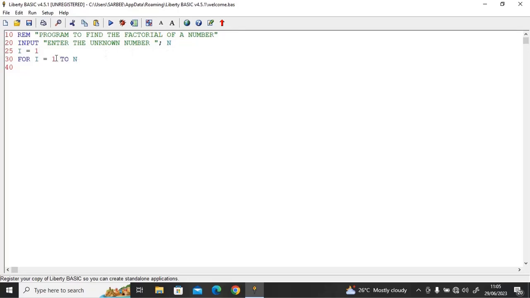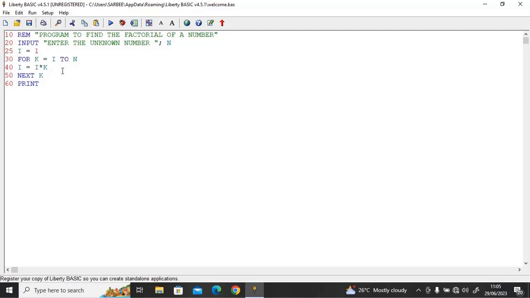Now for k, from k goes 1 to n. I can now say, what am I going to do now? I equals to I times k. Then 50, next k. Then what next is what? You print. 60. Print.